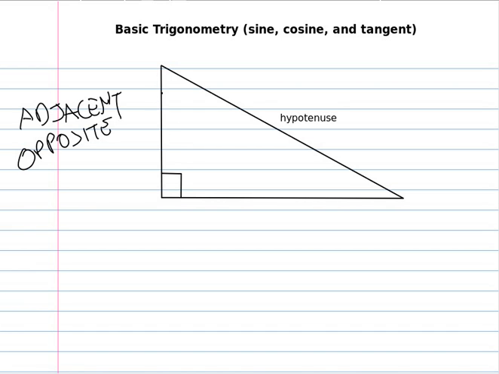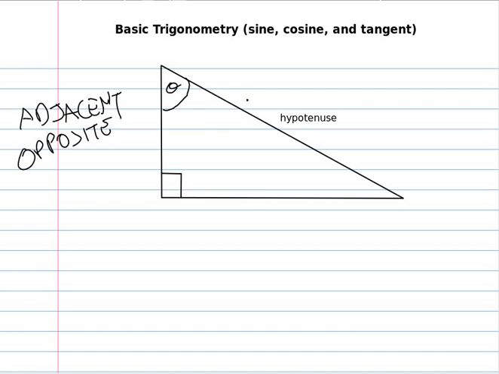Either of the two sides which are not the hypotenuse can either be adjacent or opposite depending on the angle we're looking at. Now, I know that sounds like some sort of lunacy, but let's just take this for example. Let's say we're looking at this angle here, in the top left corner.